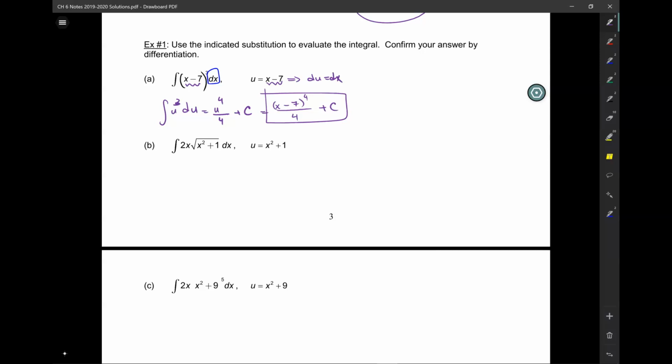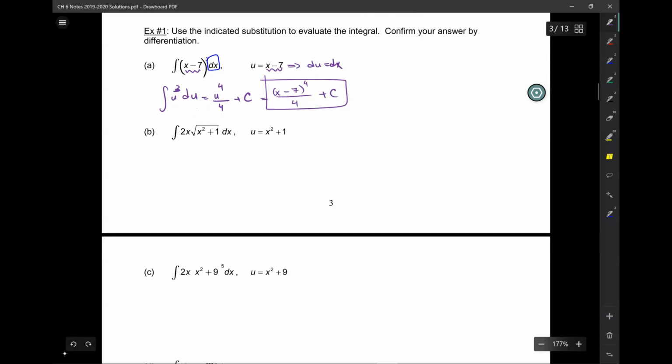Okay, so B is a little different. So here's what we're going to do with B. You look at the more complicated part of this function here, 2x times the square root of x squared plus 1. Definitely there is a lot more action with this root than with the 2x, correct? So you go to the more complicated part of the problem, which is the square root, and then you go inside.